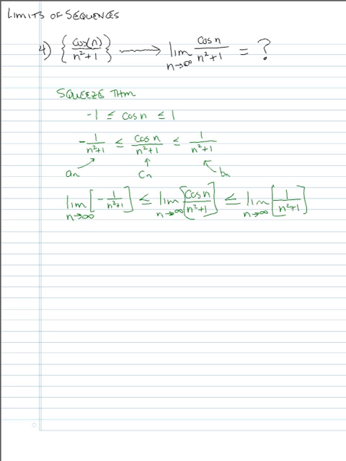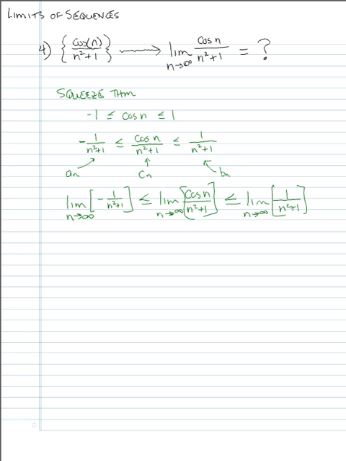Now, in this first limit, we have a negative number each time, because n squared plus 1 is always going to be positive. And that denominator is getting larger and larger and larger. Although we have a negative number, it's 1 over an increasingly large denominator, unboundedly large, and so the whole fraction is going to 0 as n goes to infinity.